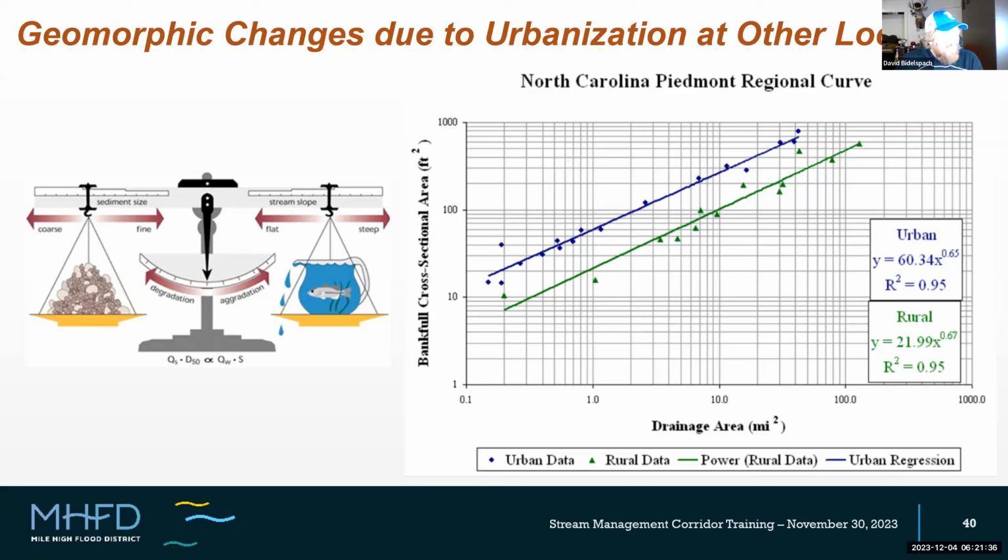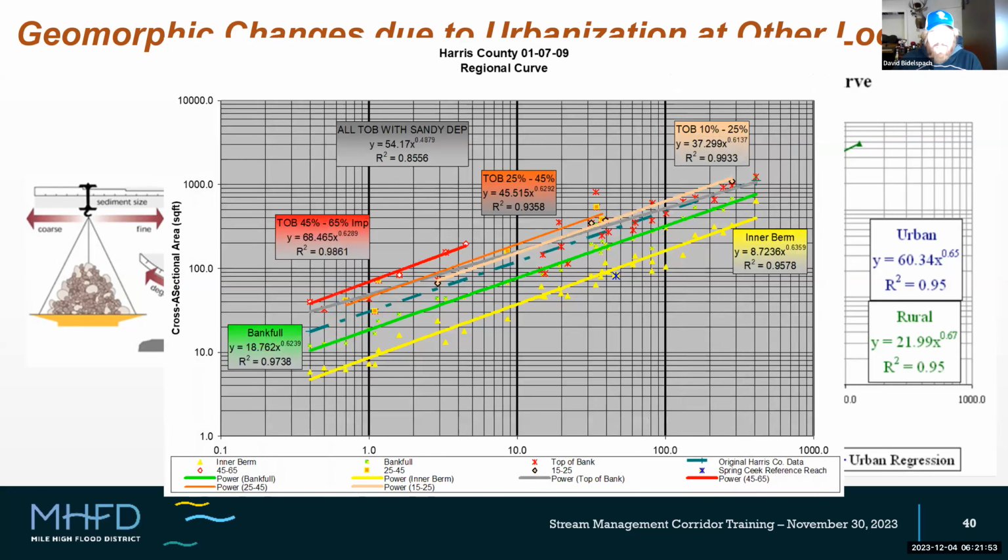We tried to look in Harris, Texas back in 2007 at percent impervious, and we realized a number of our sites were below that 30% threshold. So this is kind of what we came up with when we started binning the sites based on the amount of percent impervious. We went anywhere from 10% impervious to 65% impervious, and we basically measured top of bank measurements on the channel.